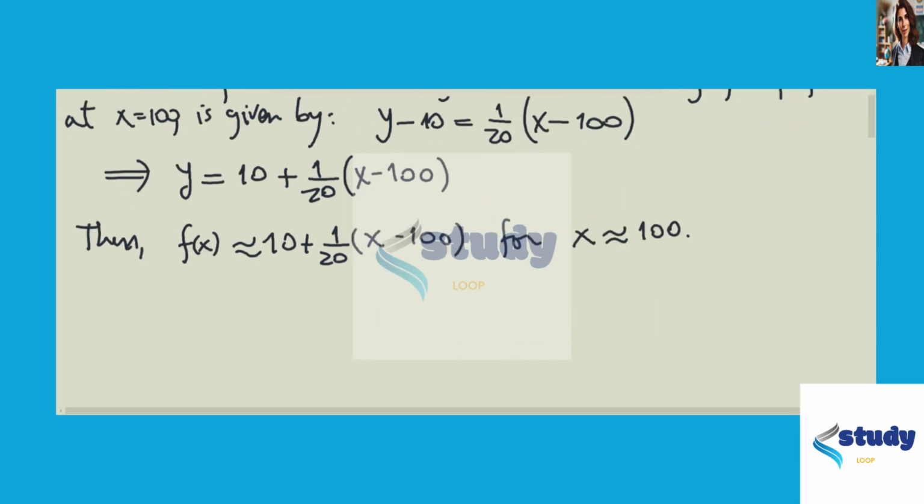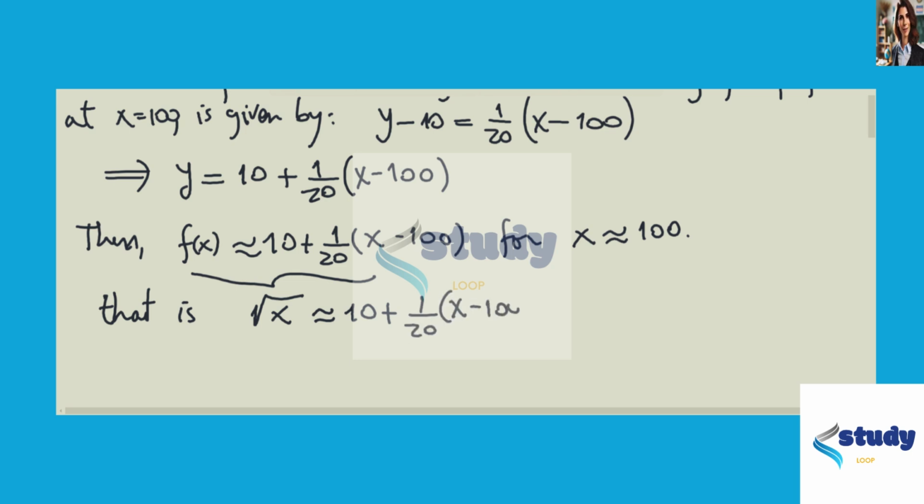That is, when we are close to 100, this approximation is a good approximation. If we go away from that point, it's not the case. And this means that square root of x is approximately equal to 10 plus 1 over 20 times x minus 100 for x close to 100.